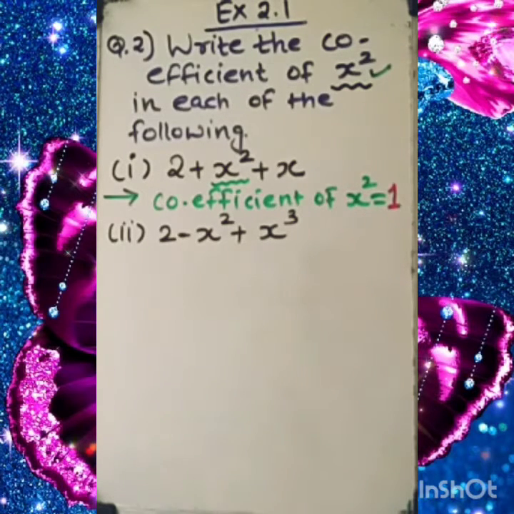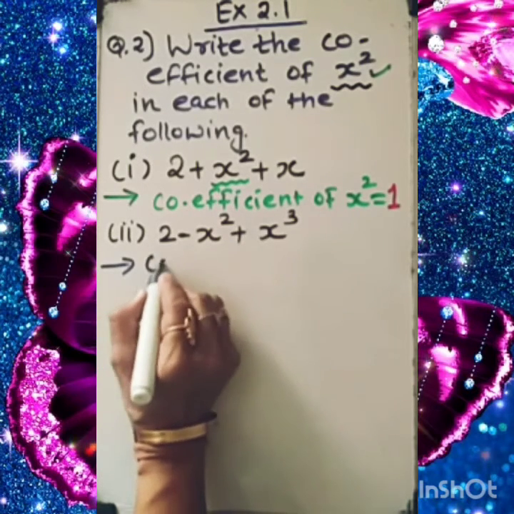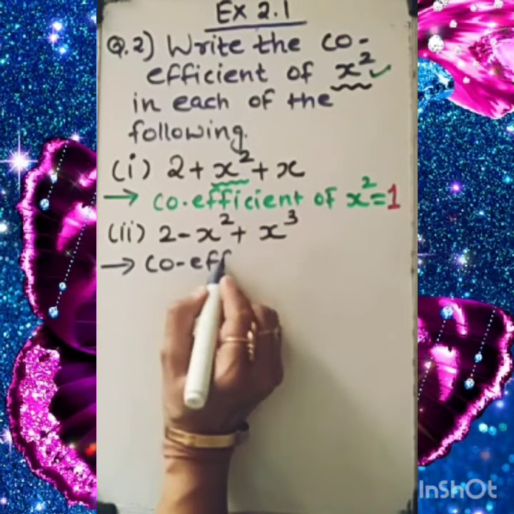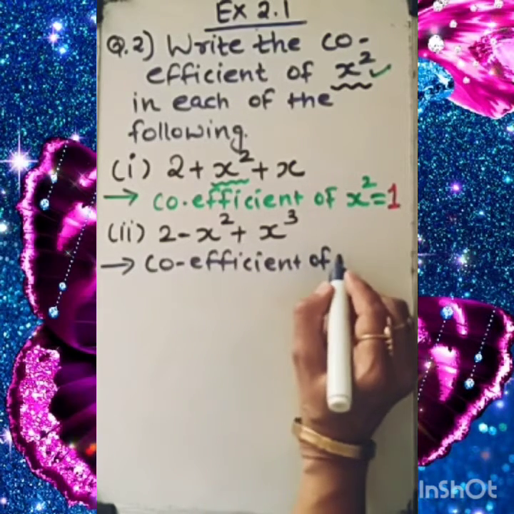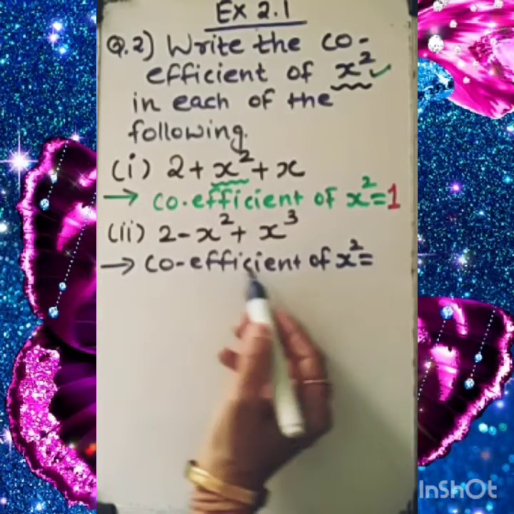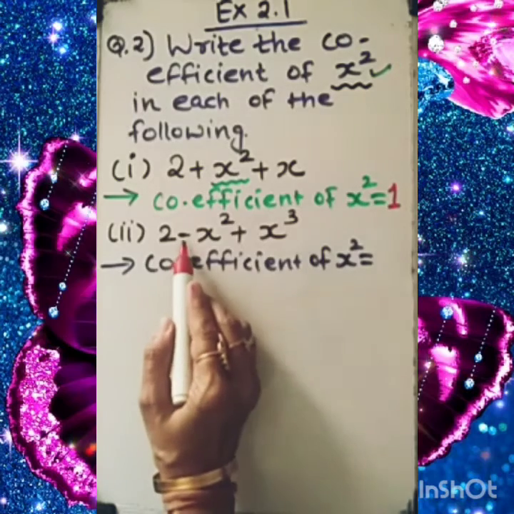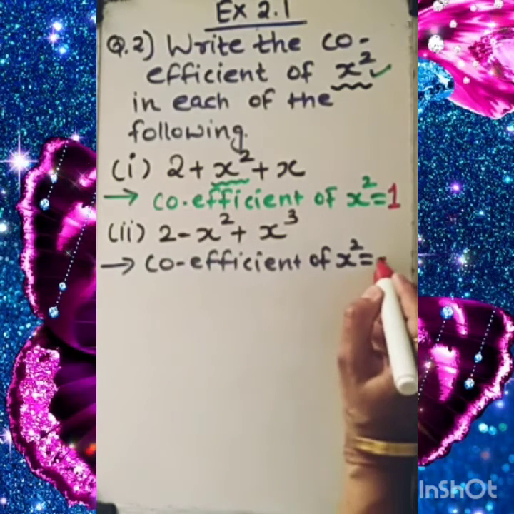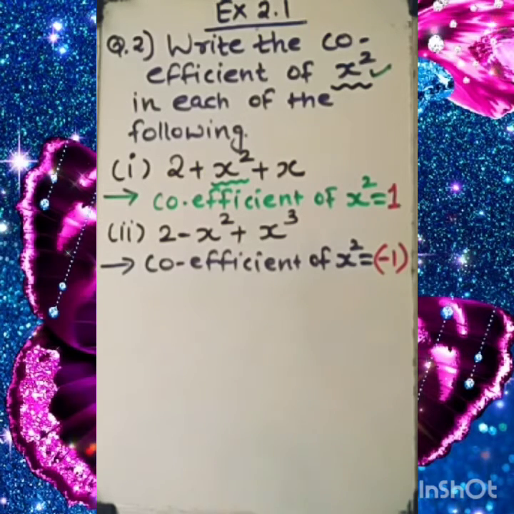Let's note down the coefficient of x square. You can see x square here along with the sign. So it is 1, but along with the negative sign, here it will be minus 1. Please remember it is minus 1.